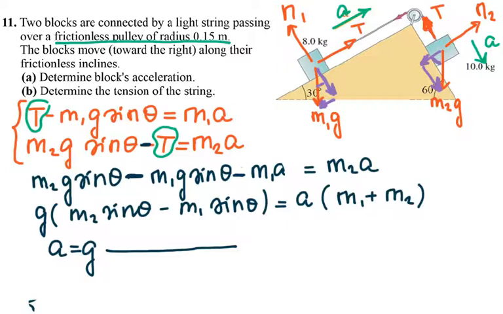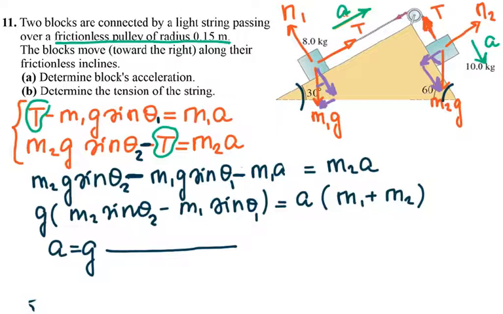I should have mentioned that there is theta 1 and theta 2. For m1, it's going to be theta 1, and for m2, it's theta 2. So I forgot about that part.